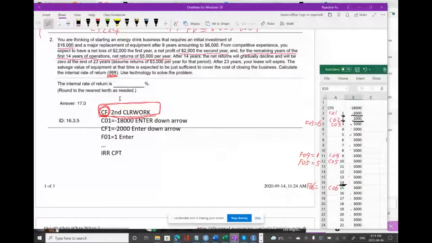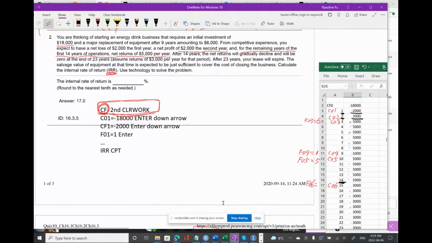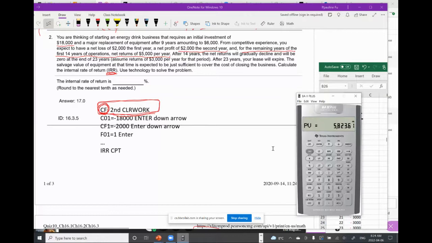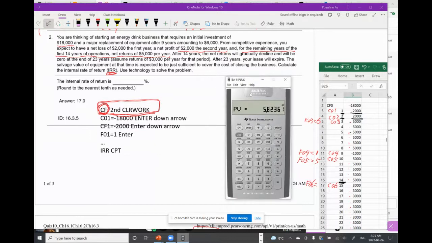For the calculator method, our calculator has a cash flow function. So now I will go to the calculator method. First step, second quit. Okay. And now press the CF button, cash flow.